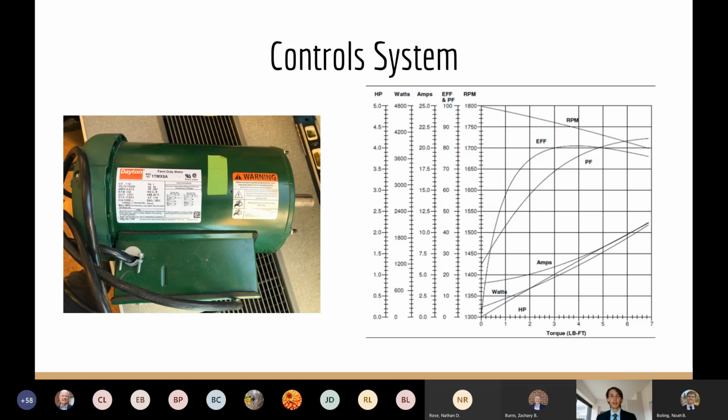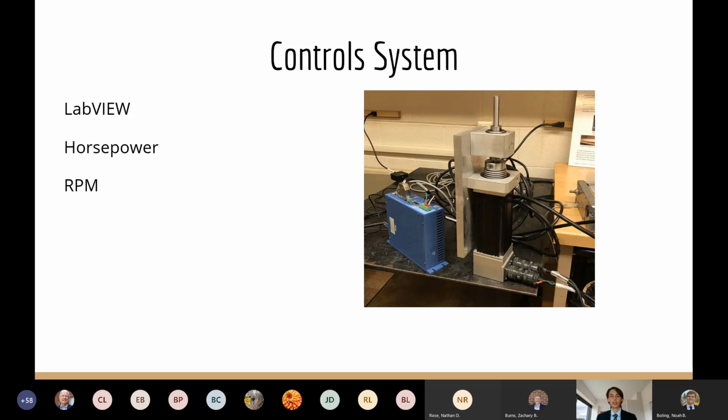This Dayton motor did have the requirements for horsepower. However, it was designed to hold a certain RPM and not change between them, and it was very difficult to control through LabVIEW.